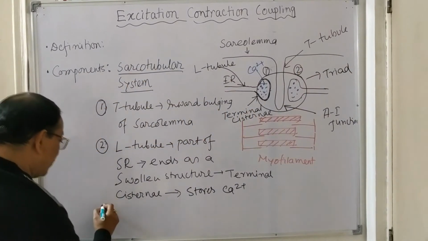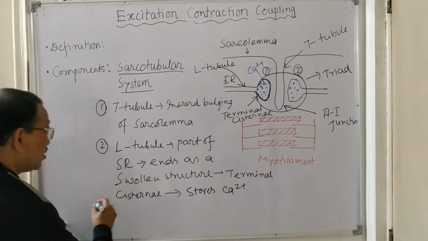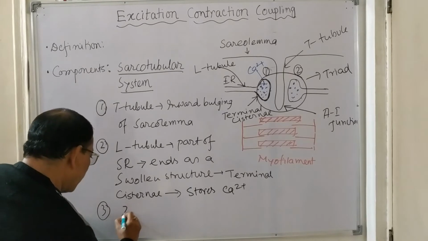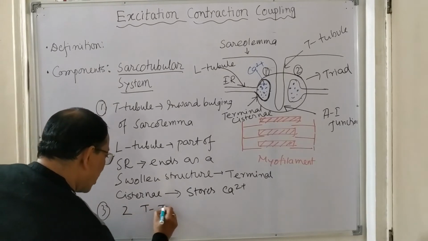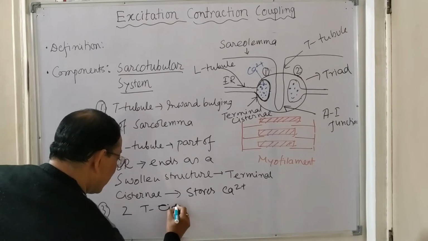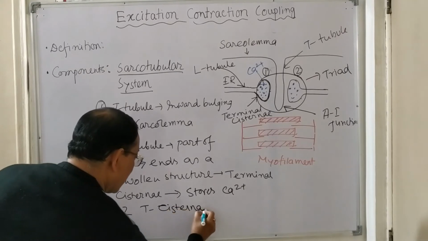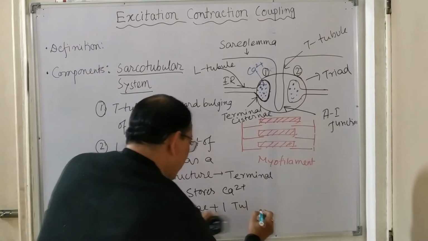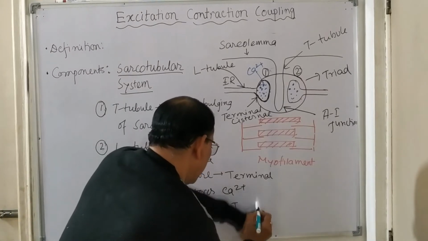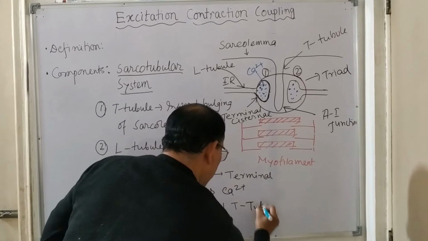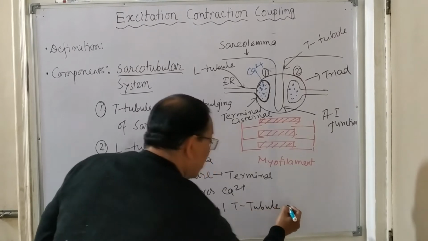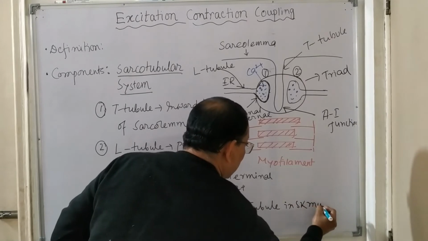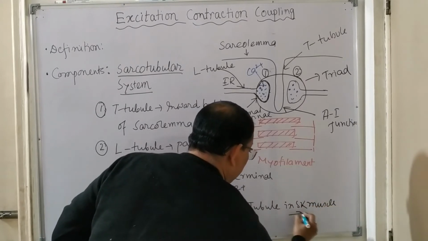So in the sarcotubular system, what happens? Two terminal cisternae plus one T-tubule in skeletal muscle is known as a triad.